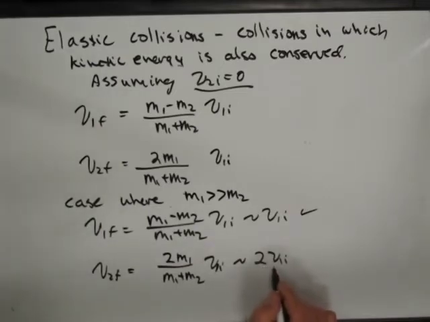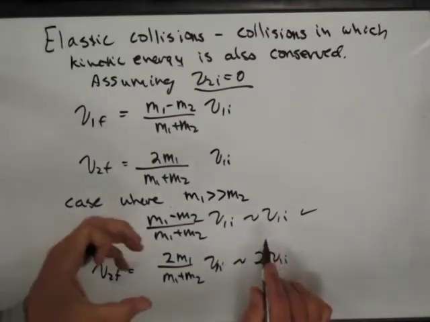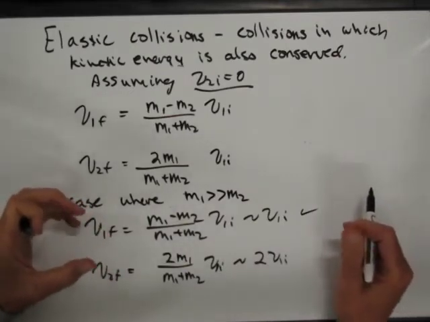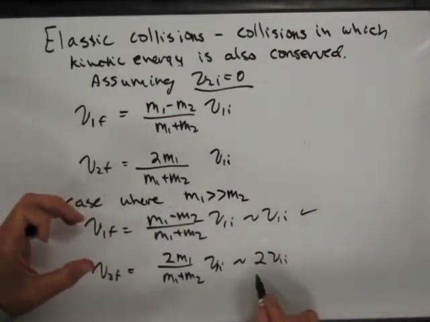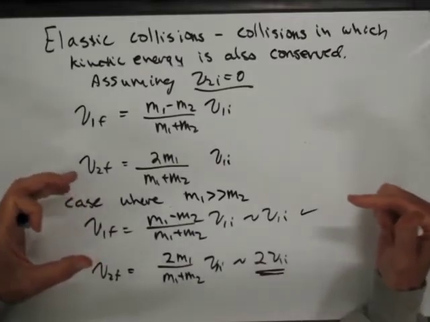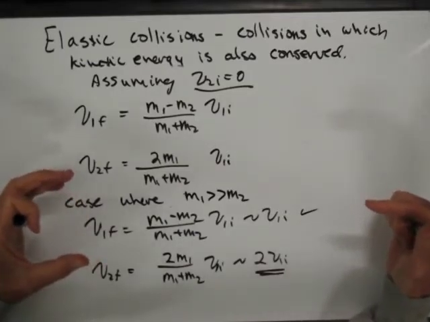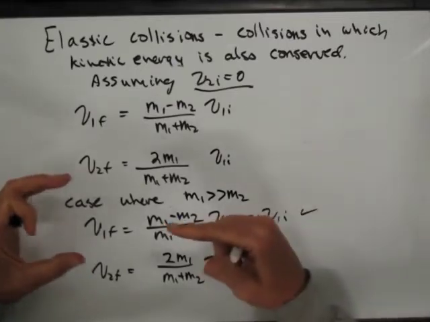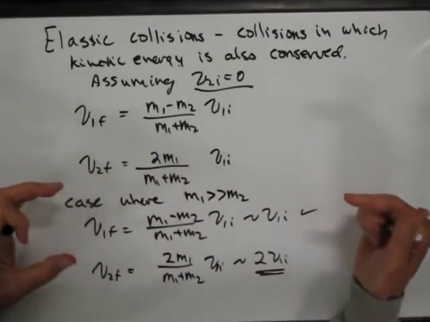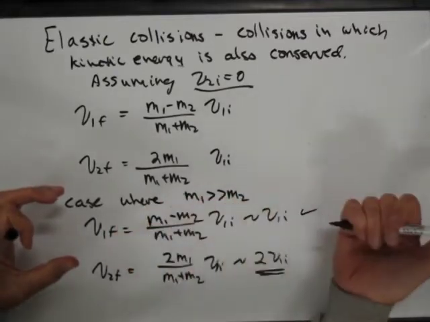We could certainly argue that it would be going a lot faster than the bowling ball, if the bowling ball comes in and hits the BB, the BB is going to shoot out, right? And the only argument I can give you about why it should be a factor of 2 is you can say, well, look, if you looked at it the other way and said the BB hit the bowling ball instead of the bowling ball hitting the BB, it would be going, say, 10 meters per second this way and then 10 meters per second that way.